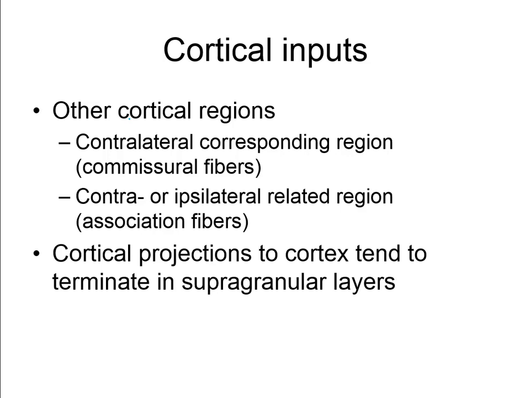And so every cortical area talks to its mirror image through fibers known as commissural fibers. They cross either in the anterior commissure for the temporal lobe or the corpus callosum for other structures. Okay? Cortex to cortex tends to go into supragranular layers, which you can translate into numbers as layers 1 to 3.